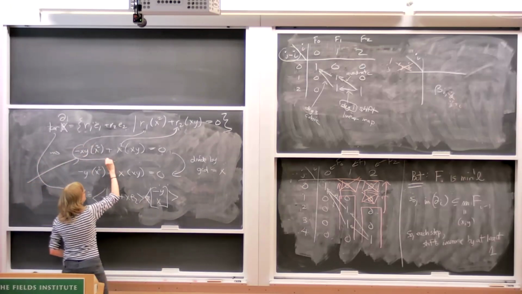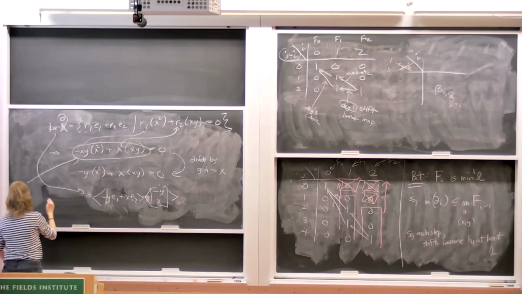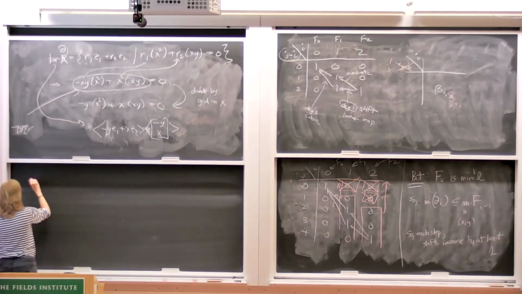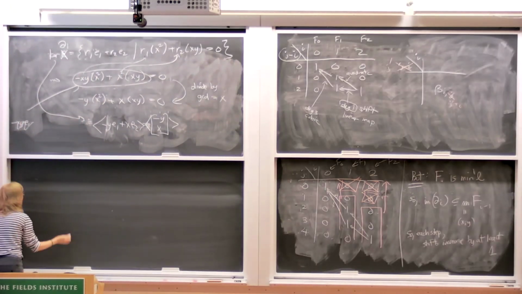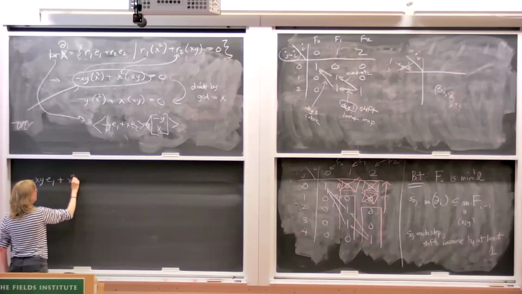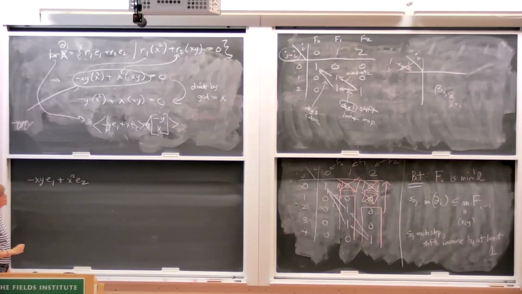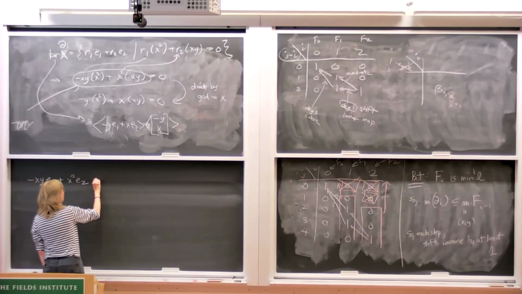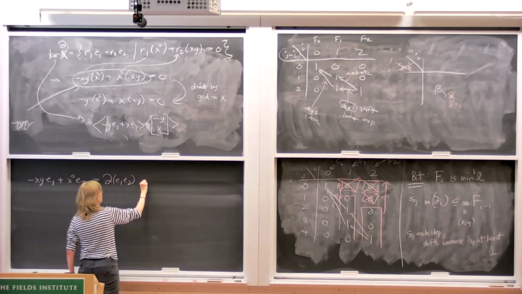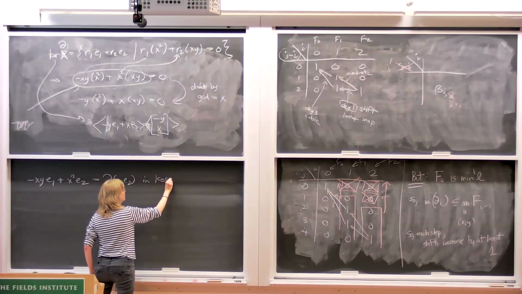is a famous combination. So minus xy E1 plus x squared E2, which is also in the kernel, but not generating it, is actually the differential of E1 times E2 in the Koszul complex.